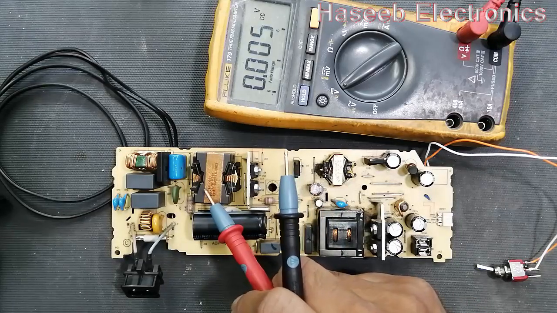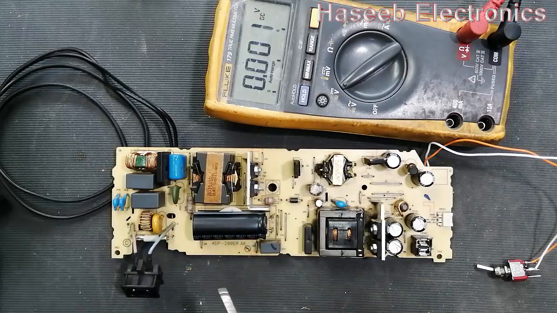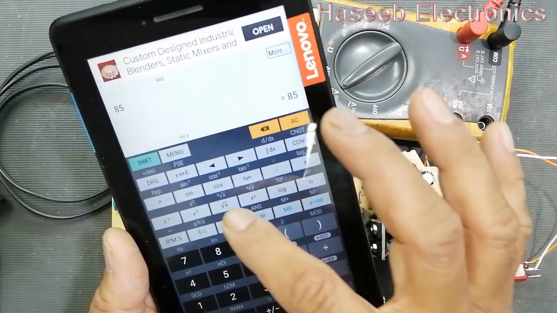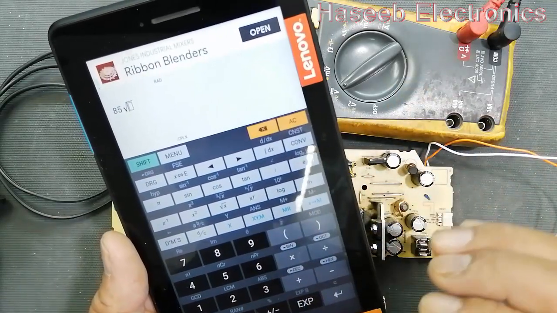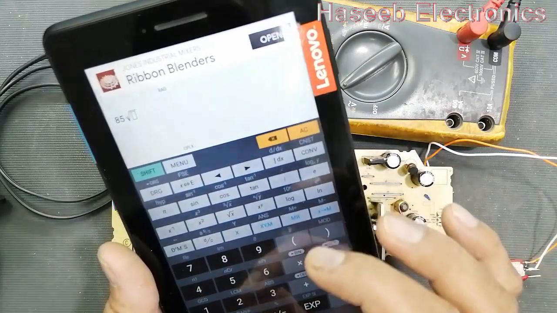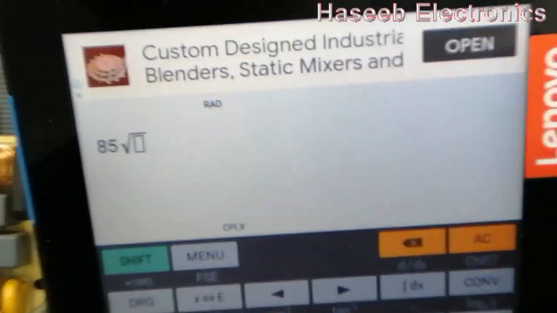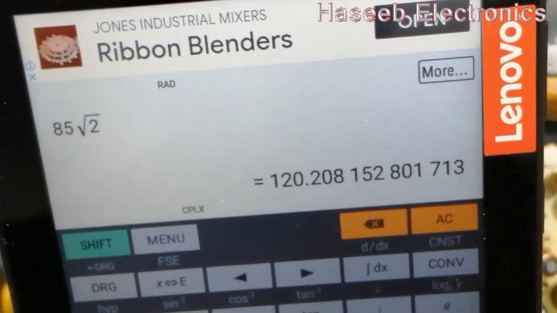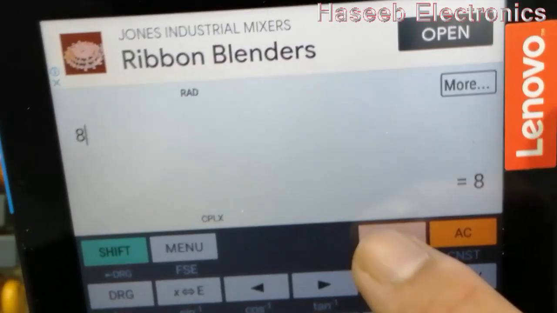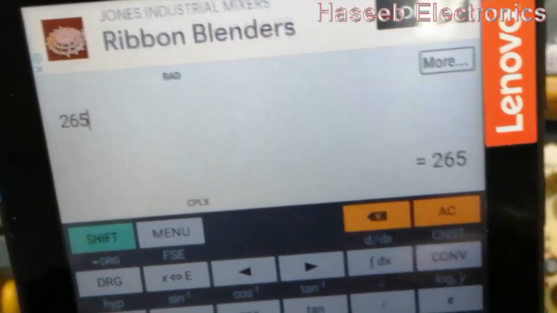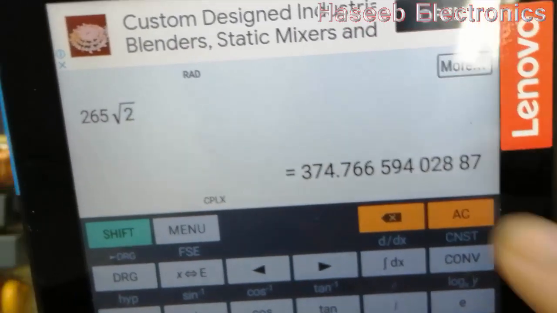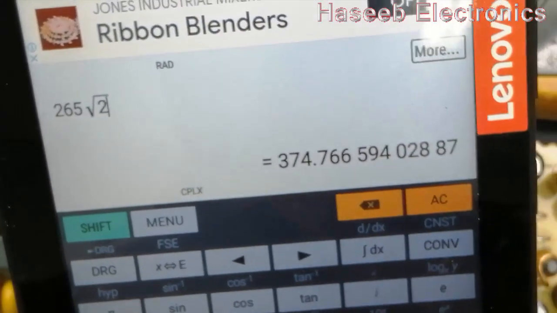Maybe if the input voltage is 85 volt, the lower range, in that condition we will get 120 volt DC. If we have 265 volt AC input, the capacitor will be at 374 volt.